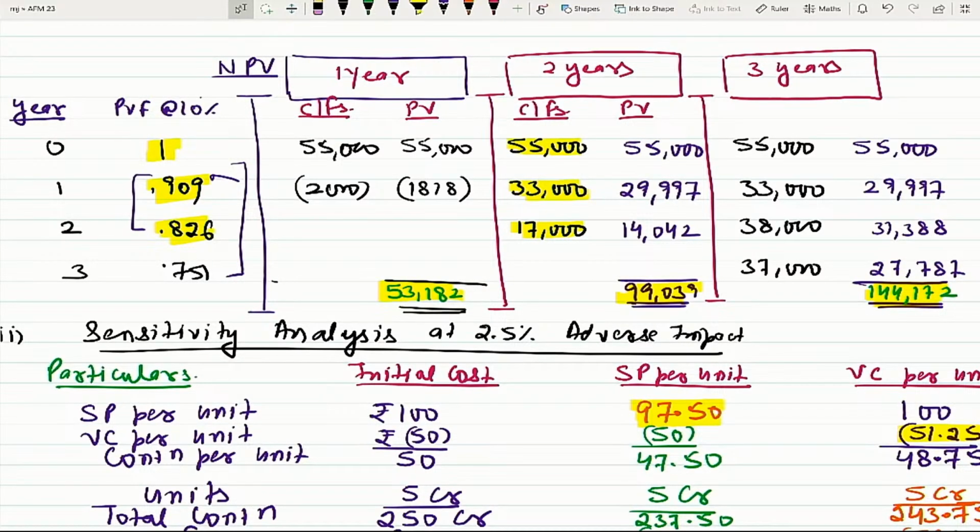This is the point, and then you can get what? First year value, how much you're getting? 58506. Second year 57083. Third year 57993.